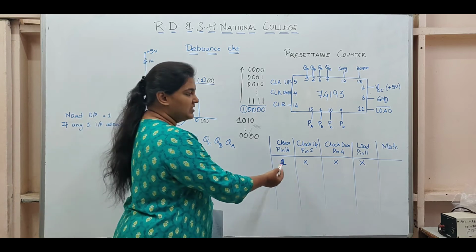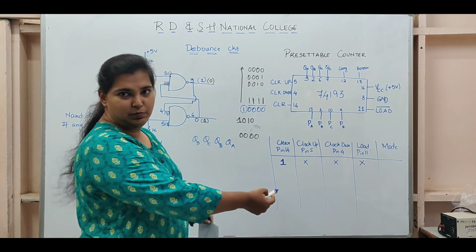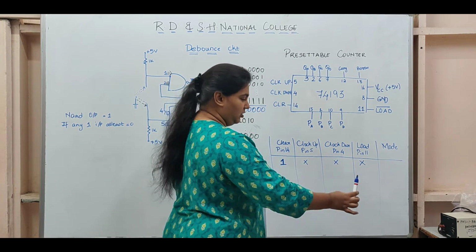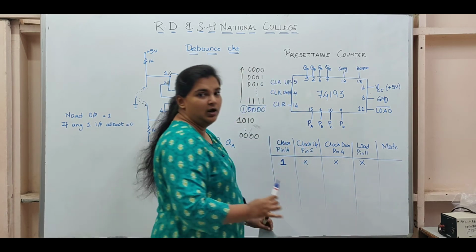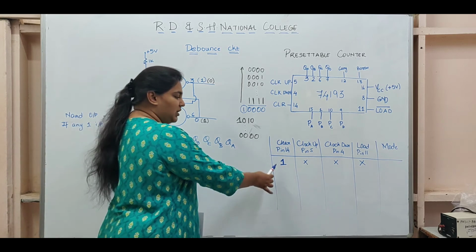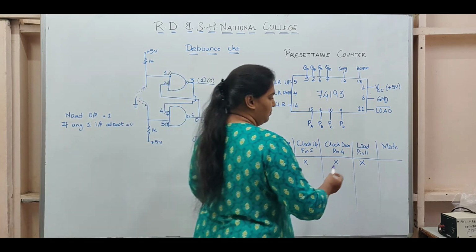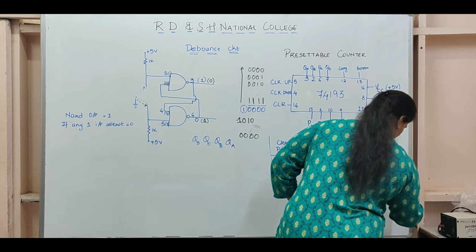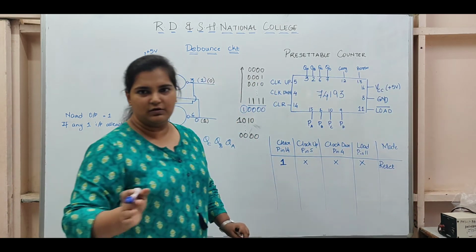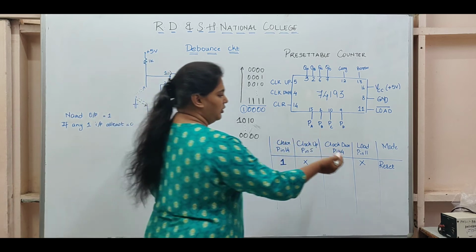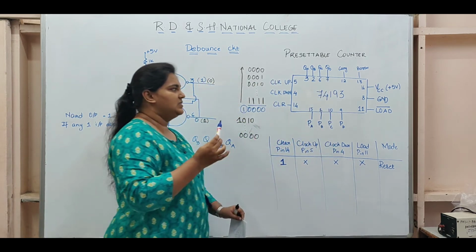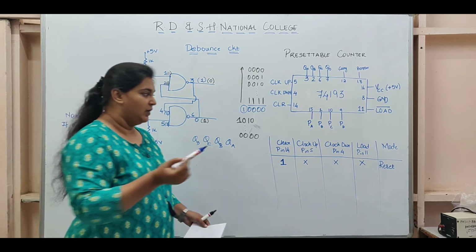Pin 14 holds highest priority amongst these pins. So these may be 0, 1 or clock, it doesn't matter. As long as pin number 14 is high, your mode is going to be reset mode. That means irrespective of how many clock pulses you give, all your outputs, QA, QB, QC, QD, will be 0, 0, 0, 0.